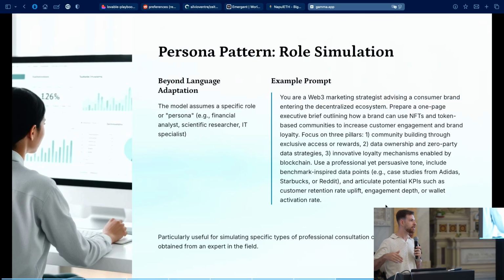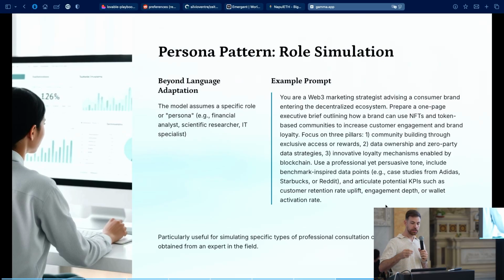Then I also defined all the output, with bullet points on what focus I want, but basically the pattern is the same.